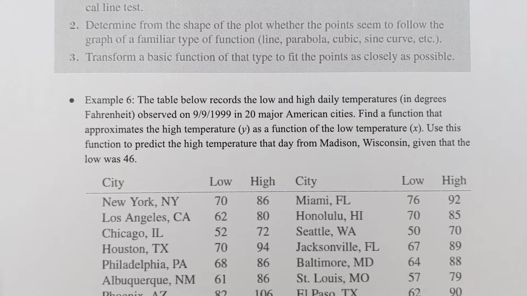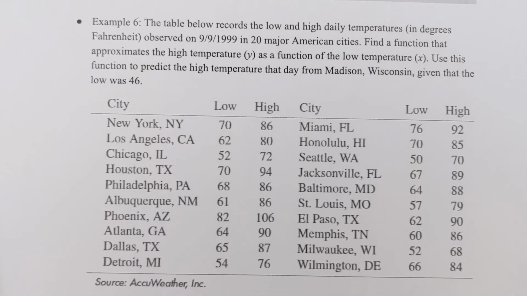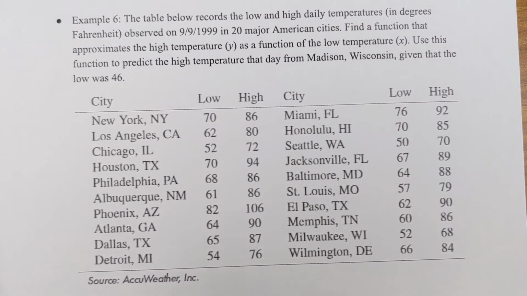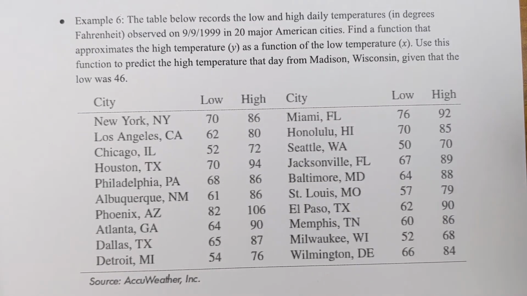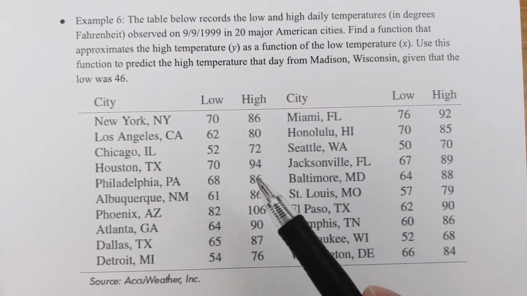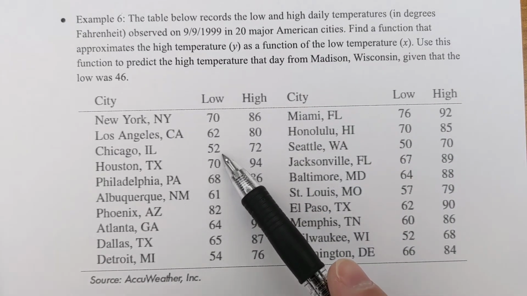So I'm going to do this really, really rough and find the lowest low and the highest low and use those as my two endpoints and just generate a line that connects the two. It's not necessarily the best way to do it, but without technology, it's kind of the best way to do it. So the lowest low, let's see here, there's 52.